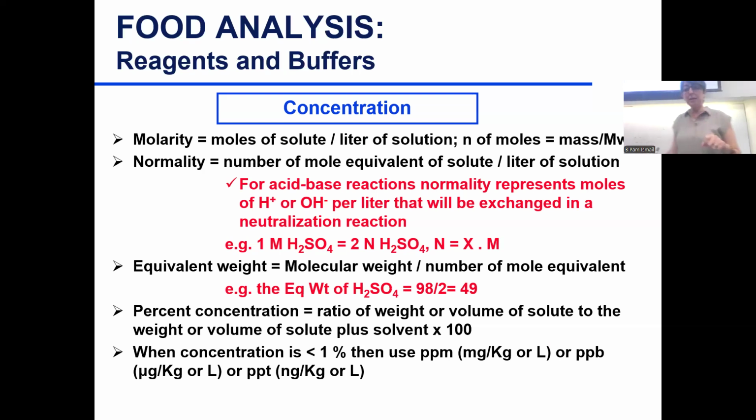Parts per million is equivalent to, and the most common one that you would see is, microgram per milliliter. That's parts per million. Or milligrams per liter, or milligrams per kilogram. That's parts per million.